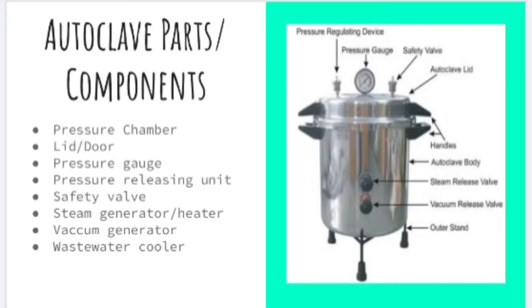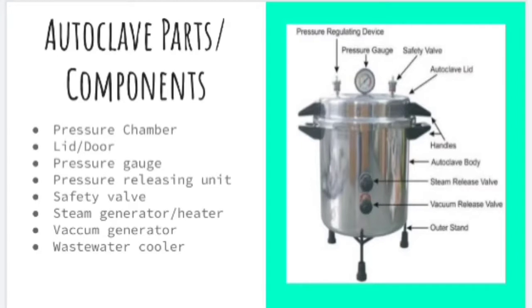Next, lid or door. The next important component of an autoclave is the lid or door of the autoclave. The purpose of the lid is to seal off the outside atmosphere and create a sterilized condition on the inside of the autoclave. The lid is made airtight via the screw clamps and asbestos washer.